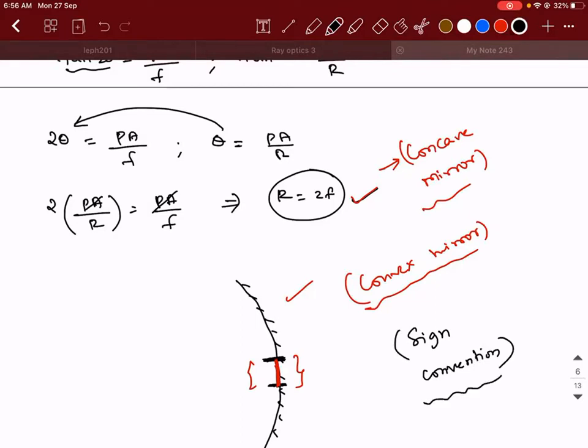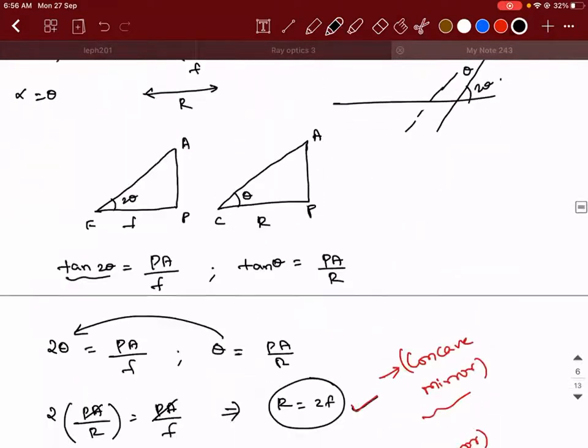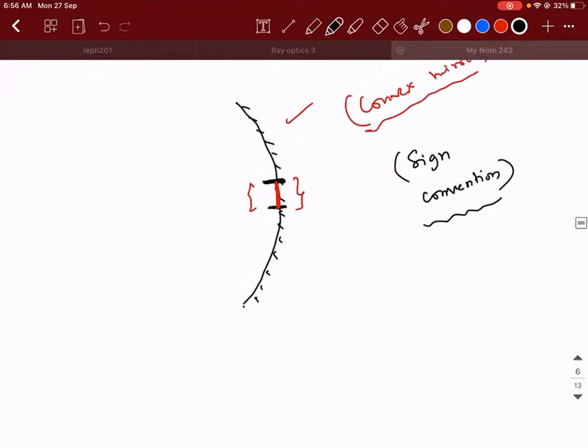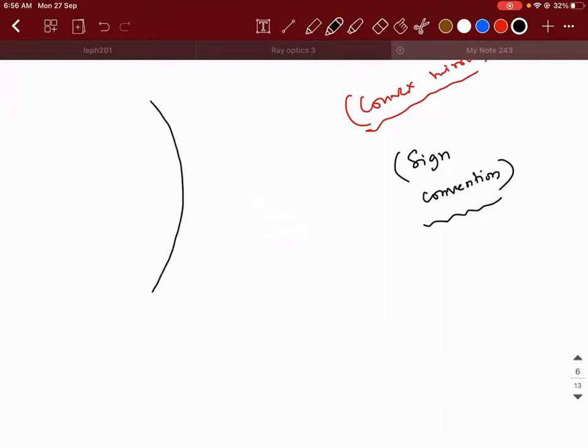What I mean by sign convention, you guys know what is sign convention, right? Can someone tell me? If I take a concave mirror like this, the diagram will be big because I cannot draw smaller diagrams and show you paraxial rays.